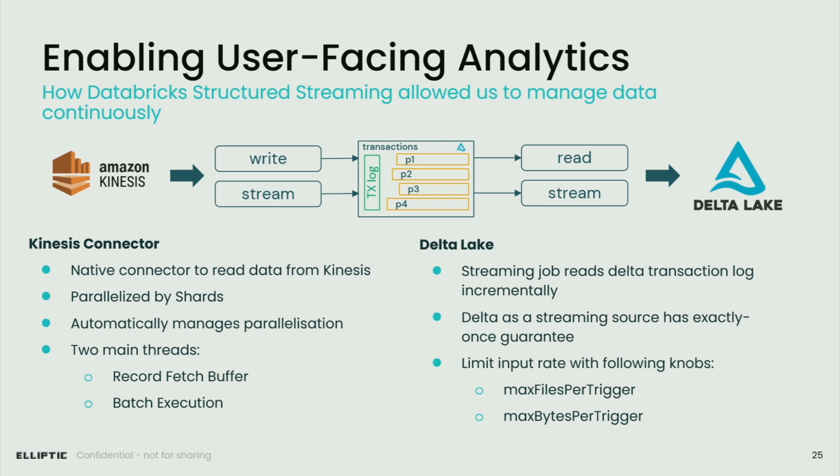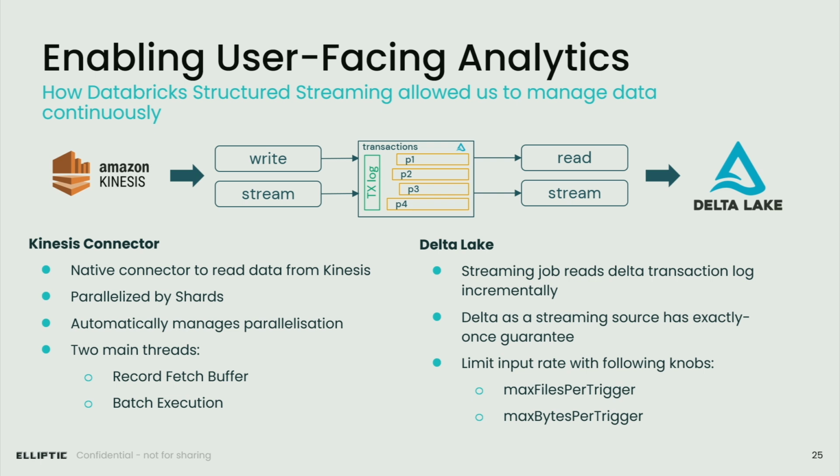Having said this, there are two main threads you need to think about when working with this connector: the record fetch buffer and batch execution. The reason I'm mentioning this is that they play an important role in managing how much data flows through your system. Farhan is going to talk a bit more about that, but it plays an important role in giving stability to your pipeline and avoiding spikes of data that may cause the pipeline to lag.